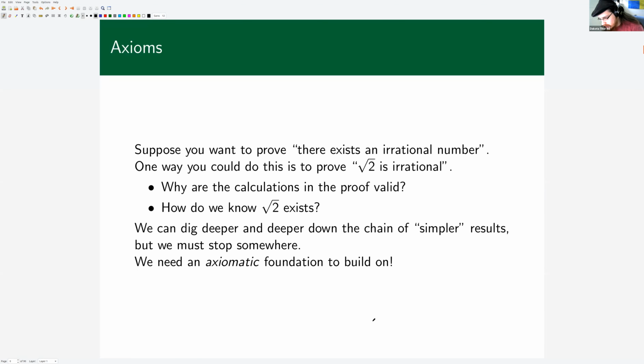And that's where axiomatic foundations come in. That's where axiomatic systems come into play. An axiomatic system is just an agreement that everyone makes on what are the basic bare bones facts that everyone accepts are true without proof, and then you can build on from there.